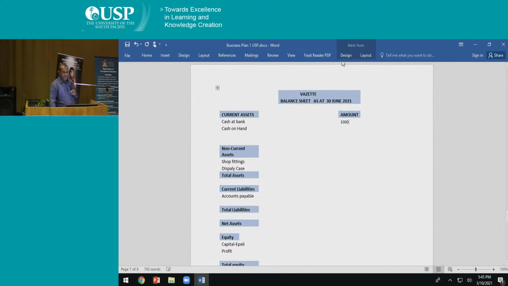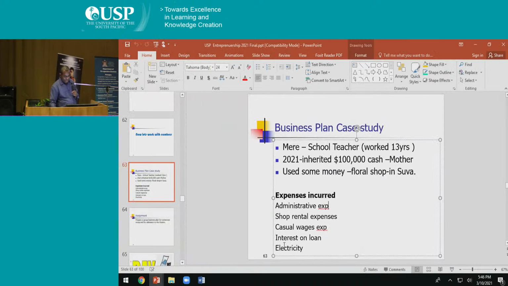See, it's mentioned as at 30th June. Cash on hand? Money with you. Cash at bank was 24,000. And also he had this.